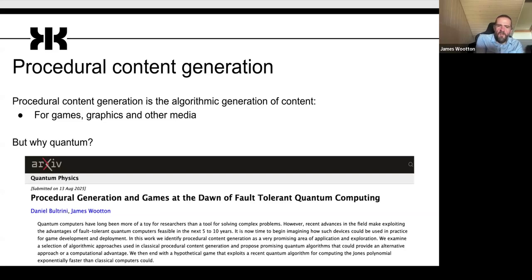Well, if you want to have a bit of an idea of why and how we can use quantum for procedural content generation, here is a paper you can go and look at. I'm going to be giving these arXiv screenshots for all of the papers that I'm talking about during this talk, because everyone's got access to the arXiv, so it's a great place to go and get papers.